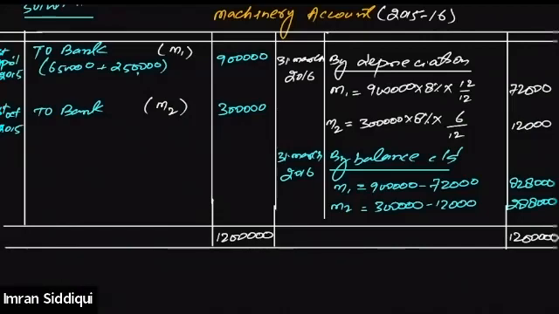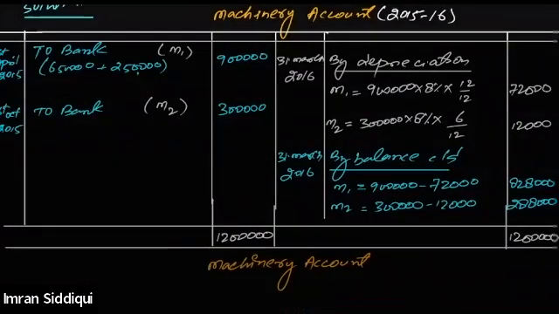Done writing this, or shall we move to the next year? We need to prepare machinery account for the year 2016-17 as well. Let me know whenever you want me to move to the next year.